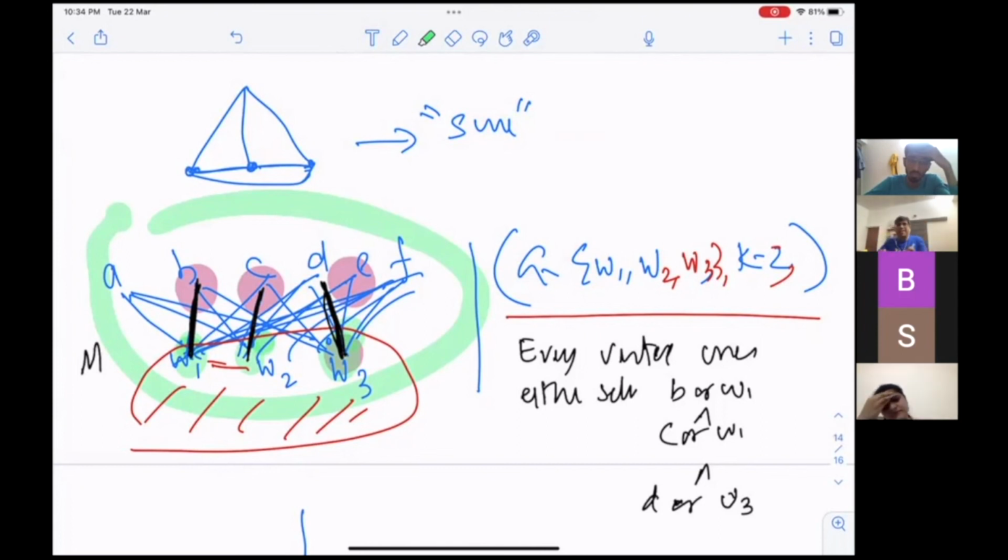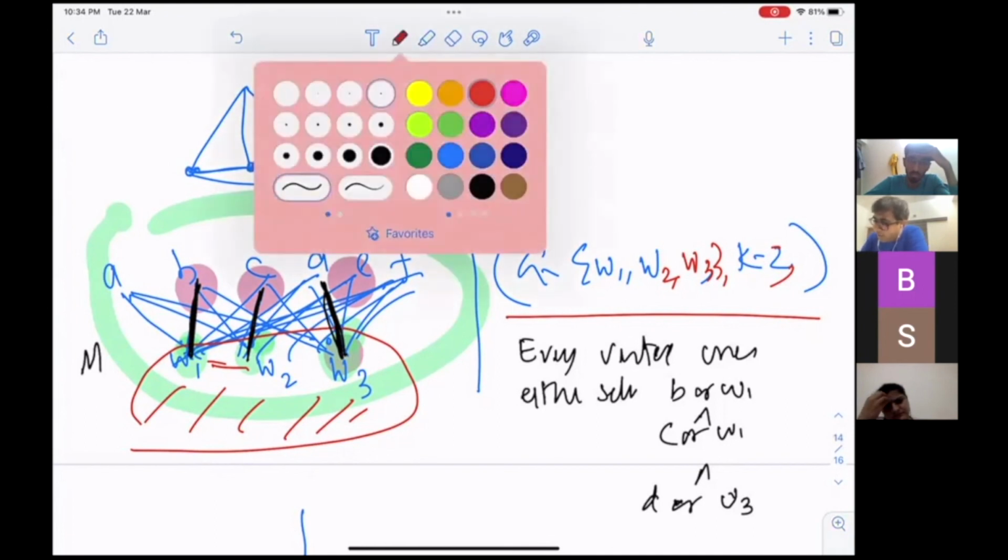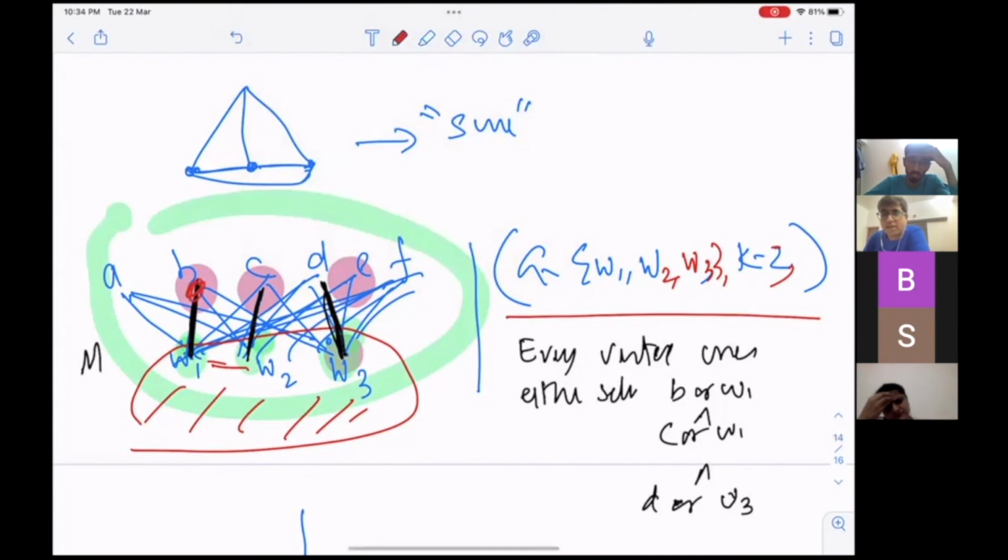Now look at any vertex cover here. It could pick some vertex from here, some vertex from here, some vertex from here, any vertex cover. Now what will I say?